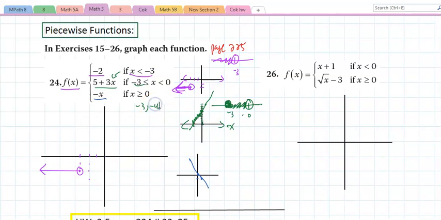Plus 4 is negative 5. So this line starts at negative 3, negative 5, and that is included. And if I put 0 in, right there, that will be 5. 0, 1, 2, 3, 4, 5. And if I connect that with a straight edge, that's the only line I want. The left endpoint is included, but the right is not.